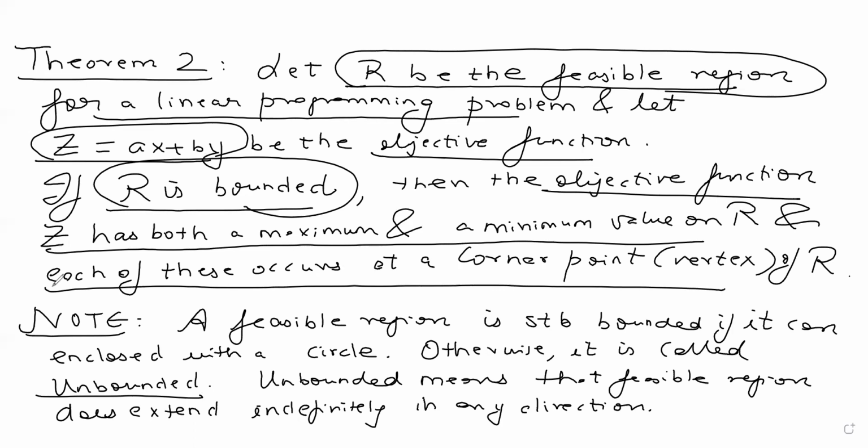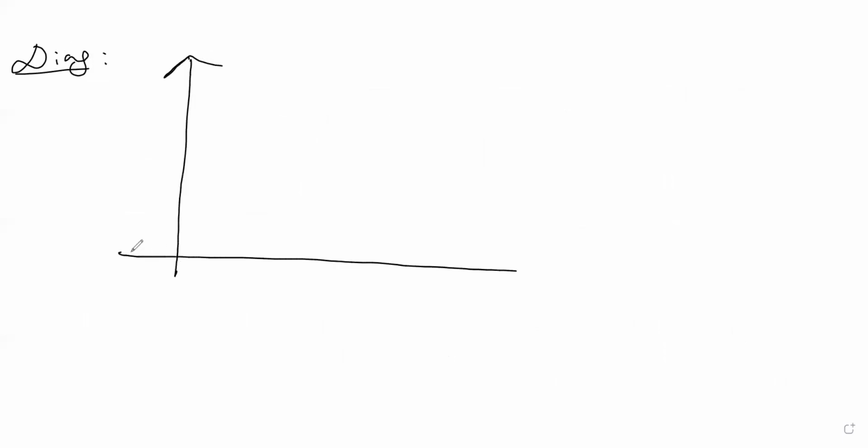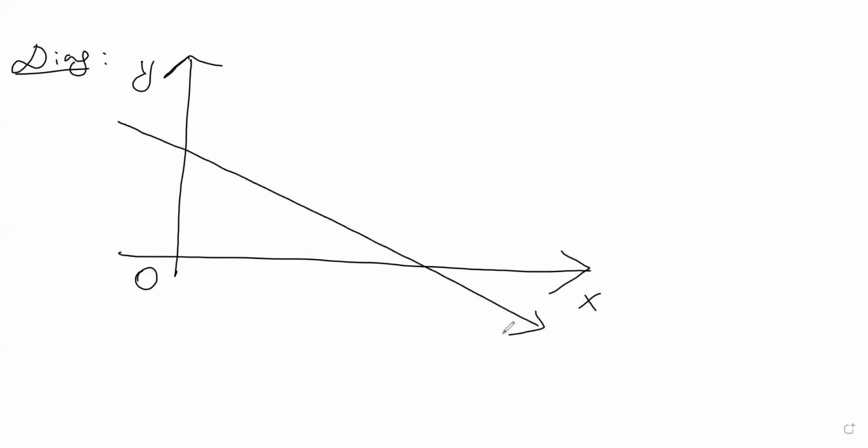Let me give you an example of this. So guys, if you look at the diagram, what is this theorem telling us? Suppose again I have two inequalities. This is my one boundary line and this is my another boundary line. And suppose guys my feasible region is this.